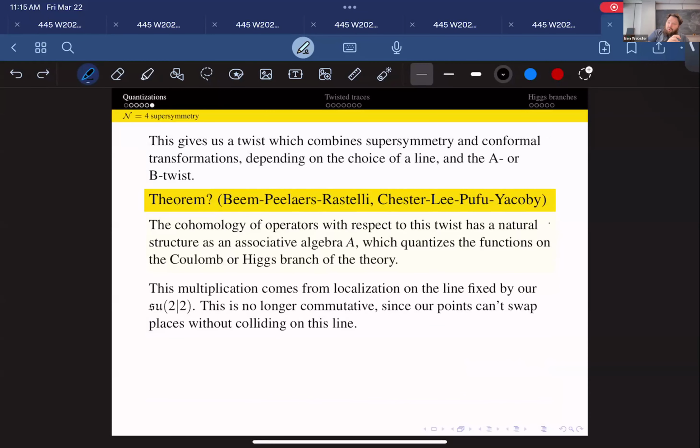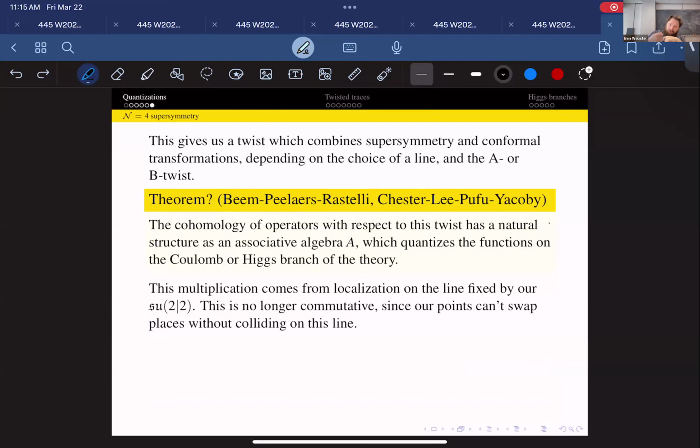All right, so we get a twist that isn't just the supersymmetry. It combines the supersymmetry and conformal transformations. It depends on the choice of a line, which is the even C^2, and the choice of an A or B twist, which is the odd C^2. And if I take the cohomology of operators with respect to this twist, that has a natural structure as an associative algebra.